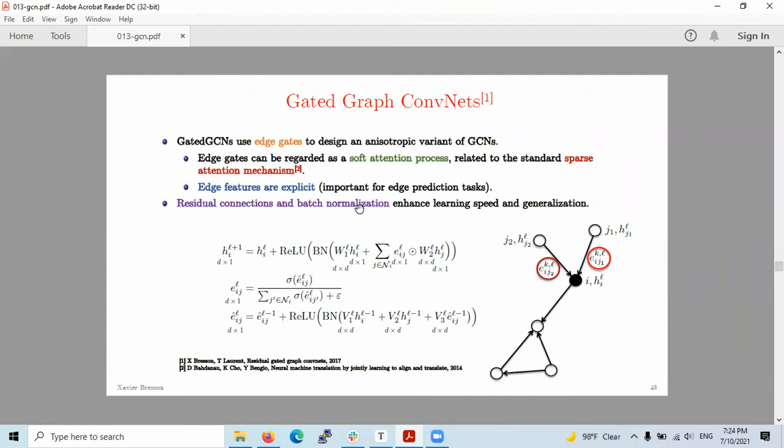This process also improves the learning speed, and they generalize well, apparently because of the sigmoid function being utilized here. Yeah, this is about gated graph ConvNets.